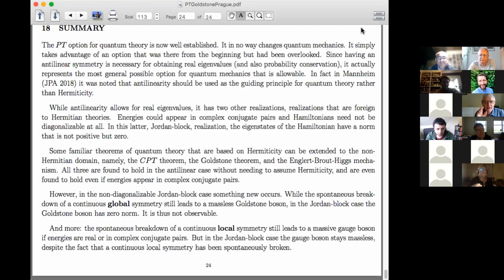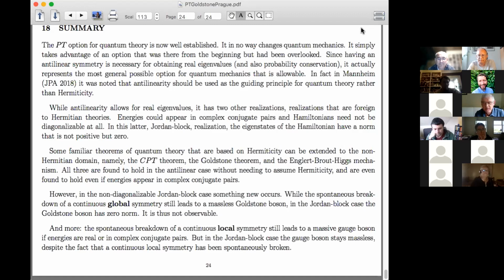All I was trying to say today is that it gives you a possible escape to the Englert-Brout-Higgs mechanism. It gives you a possible escape to the Goldstone theorem. That's the result. I wasn't expecting that when I did the calculation. I was quite surprised, and that's why I published it.